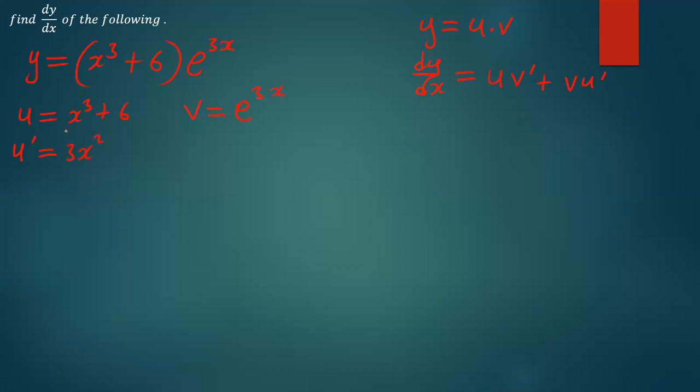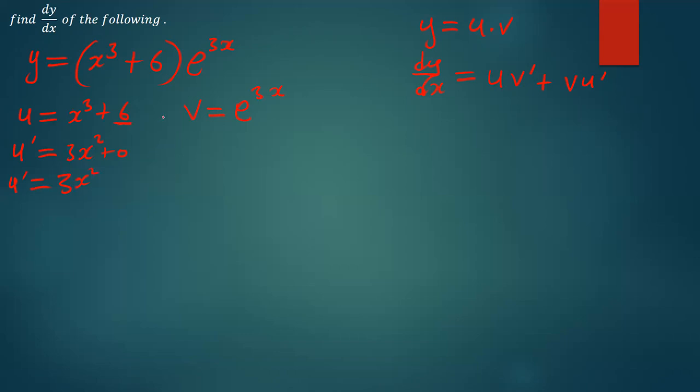So 3 times the coefficient of 1 is 3, and then the power 3 minus 1 gives 2. That's why we have 3x to the power 2. And the derivative of a constant 6 is simply 0. So u prime is simply equal to 3x squared.